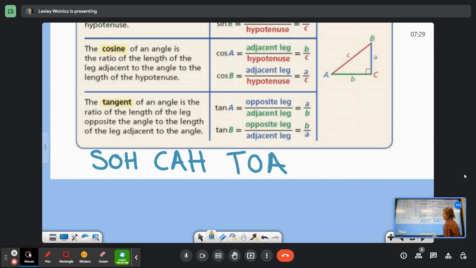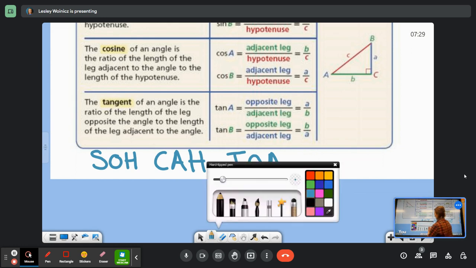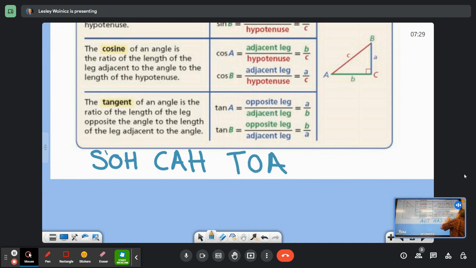So the sine is the opposite over the hypotenuse. The cosine is the adjacent over the hypotenuse. And the tangent is the opposite over adjacent.